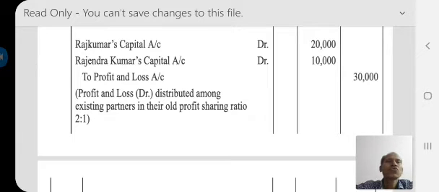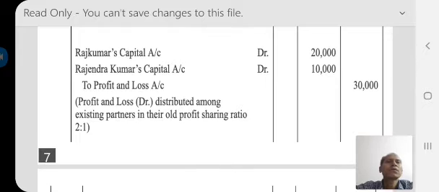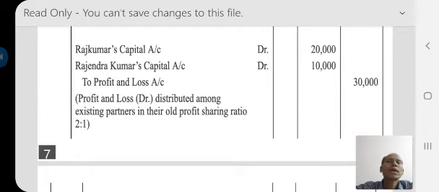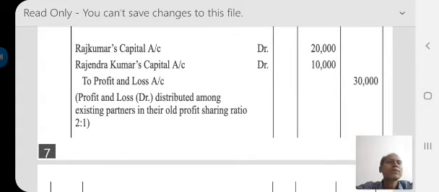Now, Rajkumar capital account, Rajendra Kumar capital account debit to profit and loss account. Yes. This is the most important entry in this problem. This is loss, which is shown at the assets side.